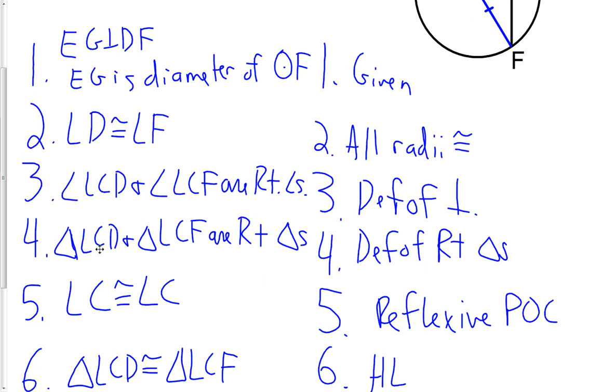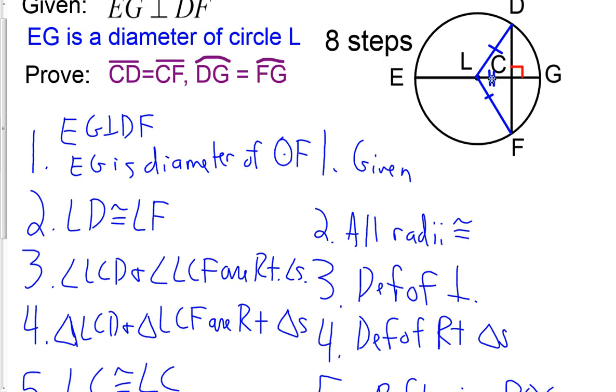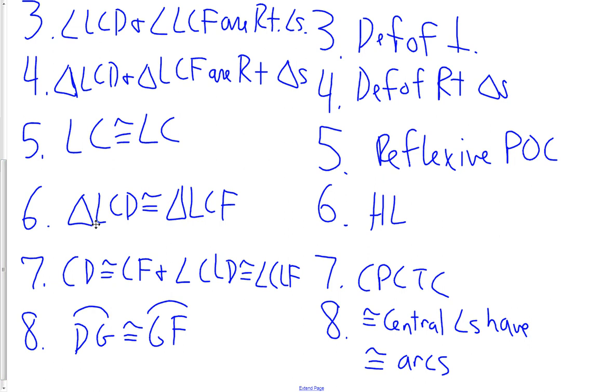So that's the second step: LCD and LCF triangles are right triangles, by definition of right triangles. And then LC congruent to LC, there's our reflexive. This piece equals itself, even though it's small, it is needed. And then we have the triangles are congruent by hypotenuse leg, LCD and LCF.